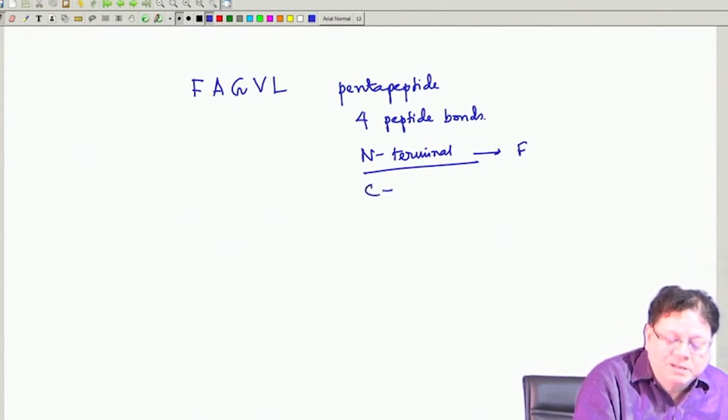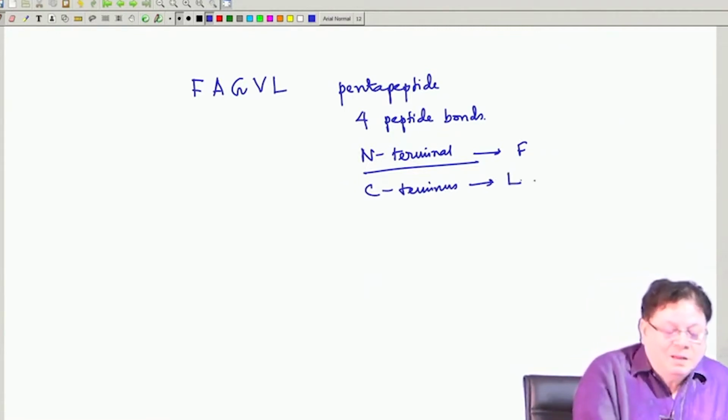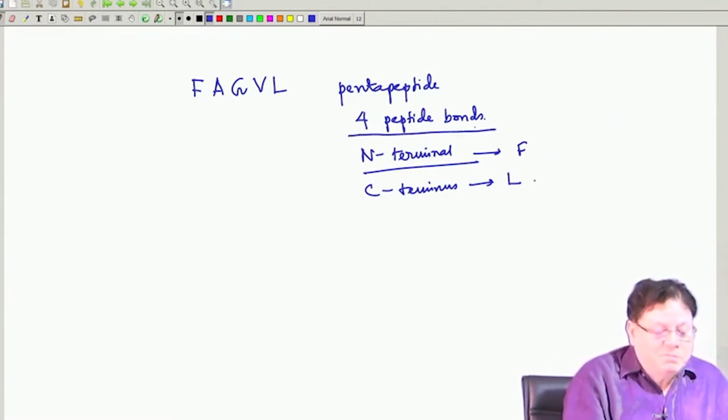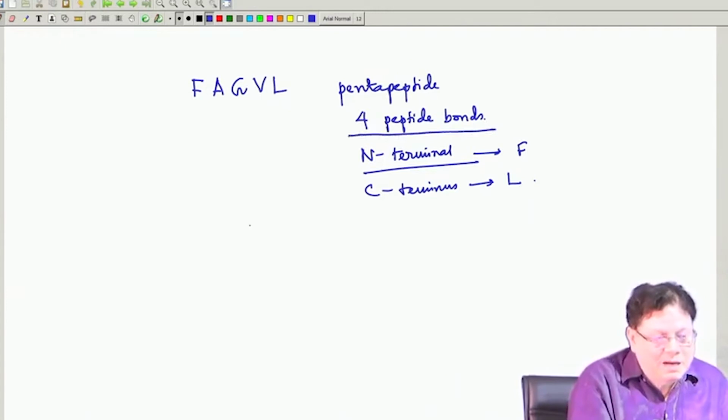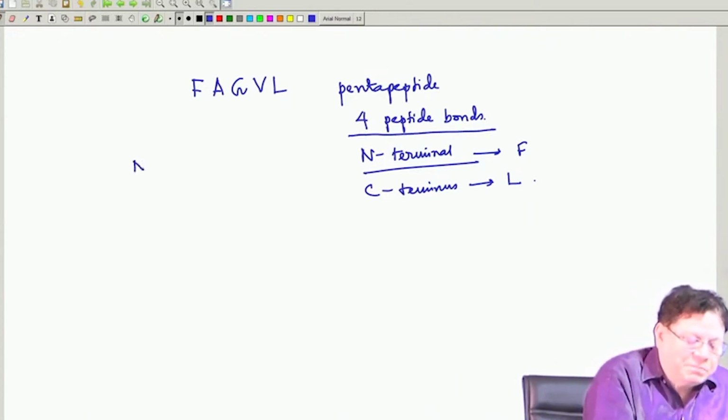The C-terminus is L. Now, what is the nature of this peptide bond? A peptide bond is nothing but an amide bond, NH CO. So, you have an NH and a CO bond.